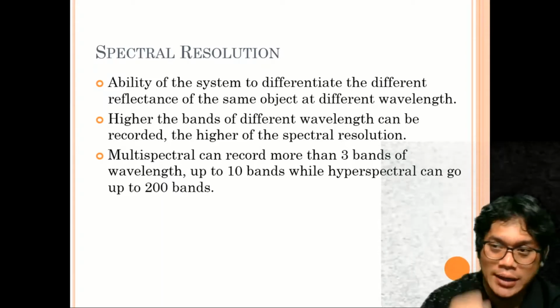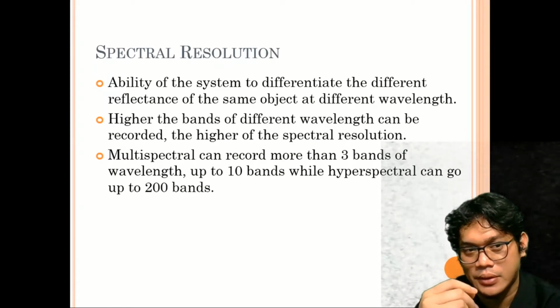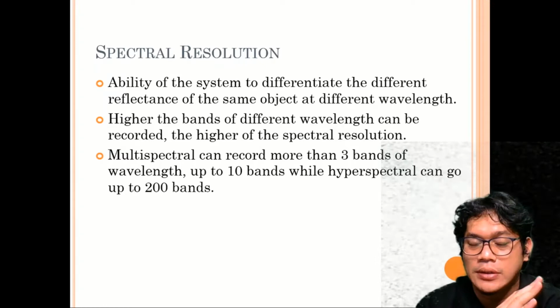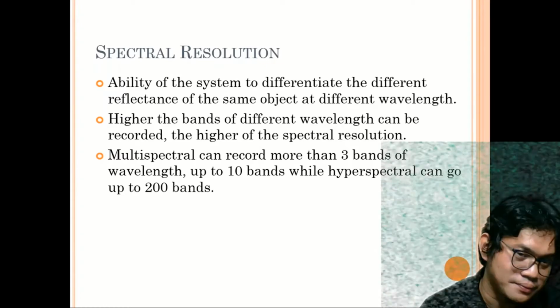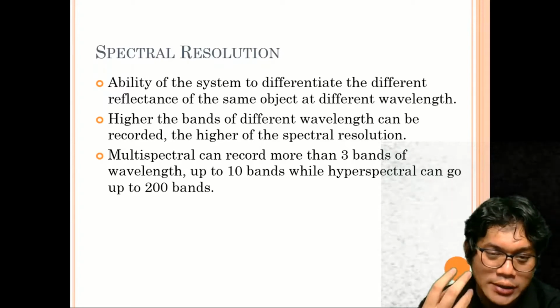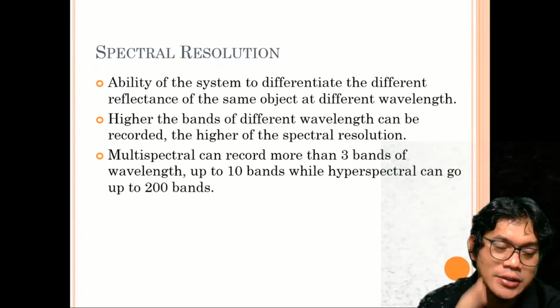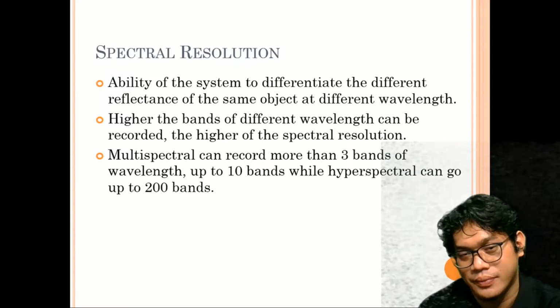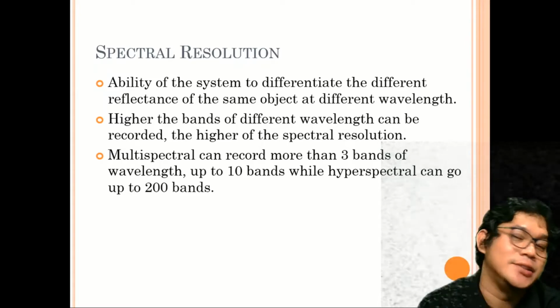Taking, for example, our eyes. Basically, wavelengths are everywhere, but our eyes can only capture these 7 spectrum colors, which is the rainbow color. So that's what our eyes can see.